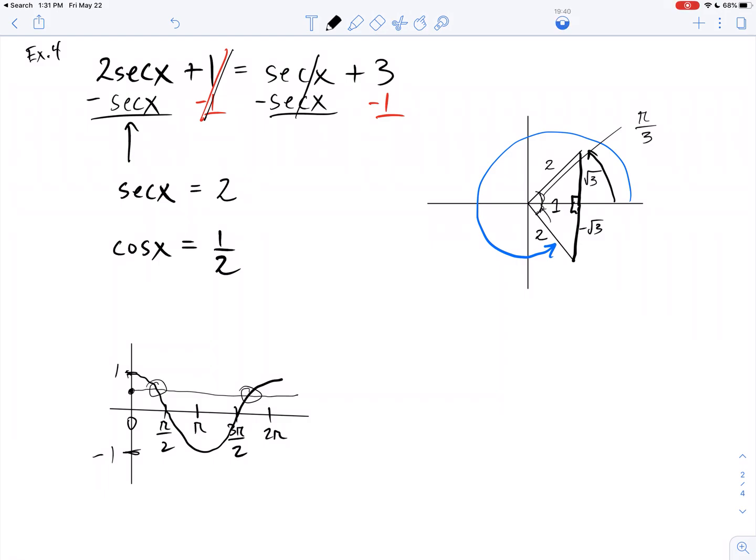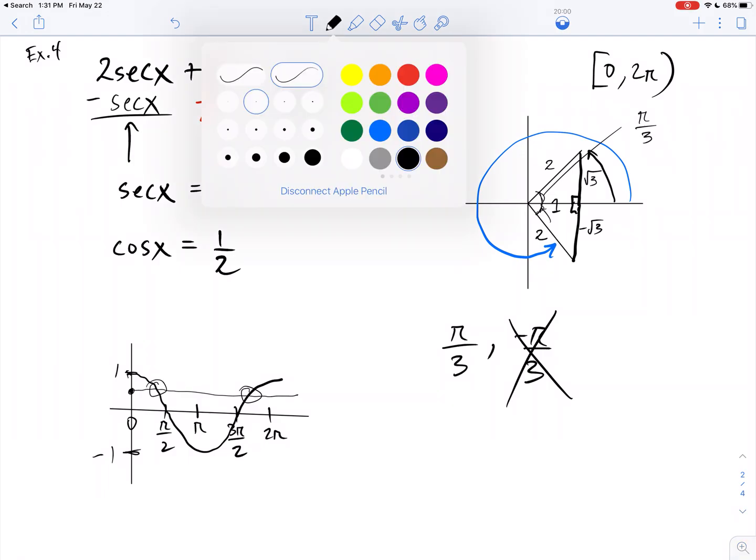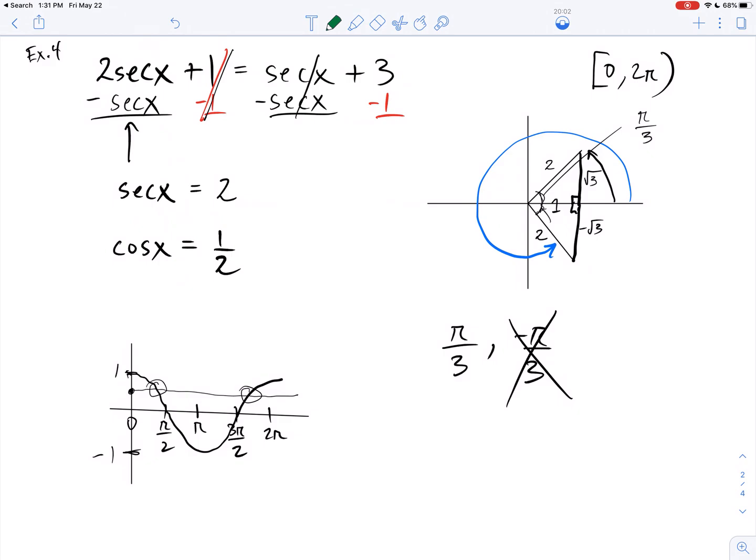But the answer they want is not pi thirds and negative pi thirds. No. They want me to give all the answers from 0 to 2 pi. So that means I have to always do my counterclockwise rotation to get these answers. So the first answer is pi over 3. The angle I find right here, this x value I found, is pi over 3.